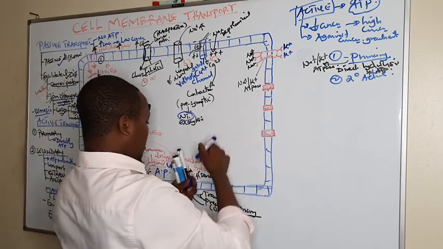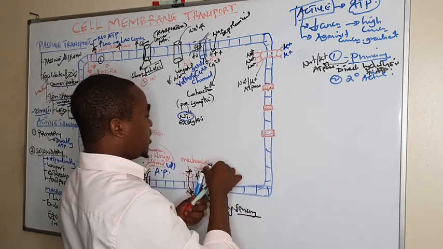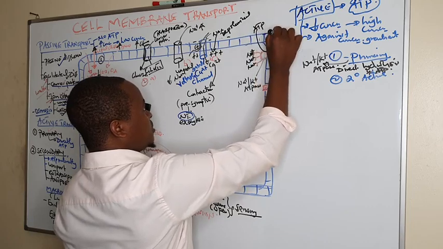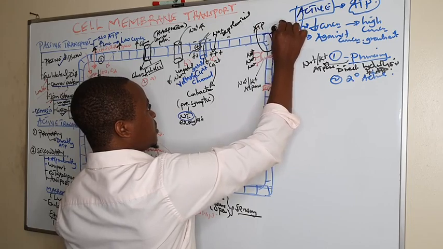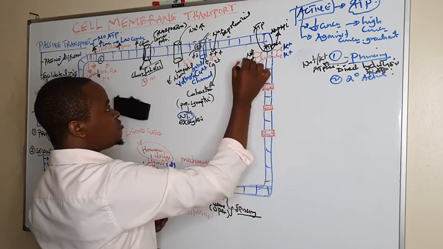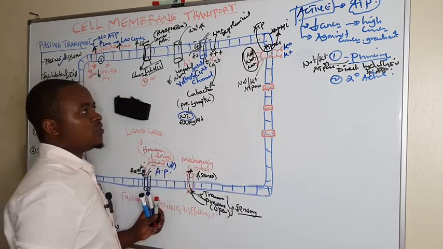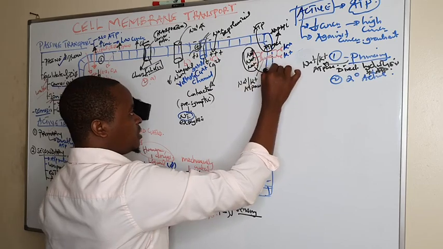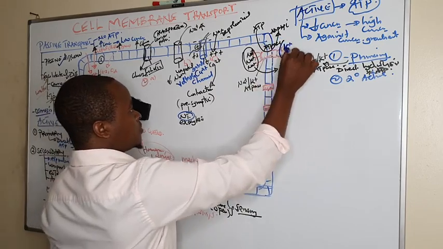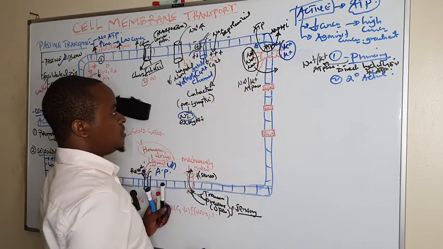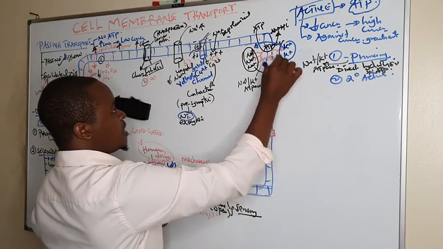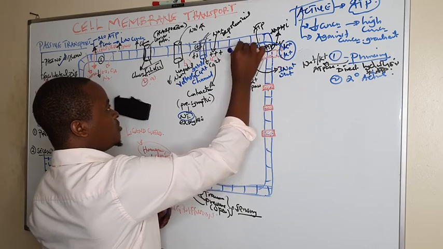So when there is provision of energy, whereby there is direct hydrolysis of ATP to form ADP plus inorganic phosphate, in the presence of ATPase enzyme, it is going to drive the 3 sodium ions on the receptor, and it spins, takes them out, then it brings the 2 potassium ions inside. So we are taking 3 sodium ions out, then we are bringing inside 2 potassium ions.